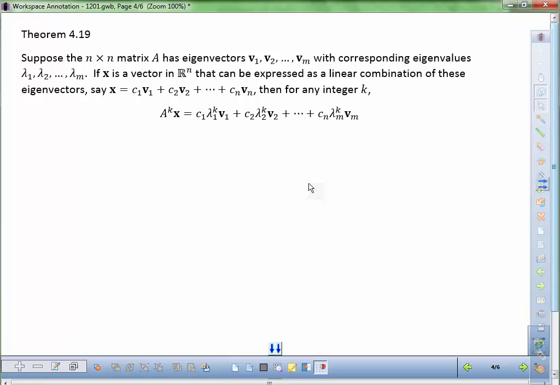You have an n by n matrix, a square matrix, and then eigenvectors with eigenvalues. They call eigenvectors v this time, and eigenvalues are still lambda. Notice that this m here is not the same as n. That's because we possibly could have multiplicity of 2 or more for one of these eigenvalues, so we're not going to have n distinct eigenvalues. We could possibly just have m of them.